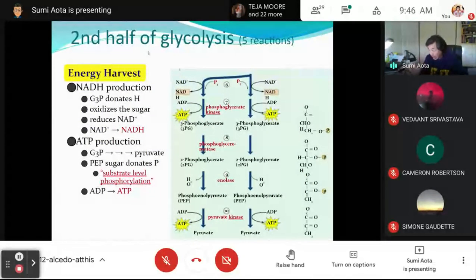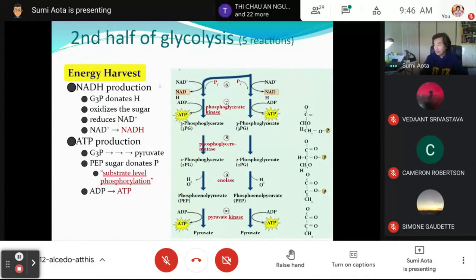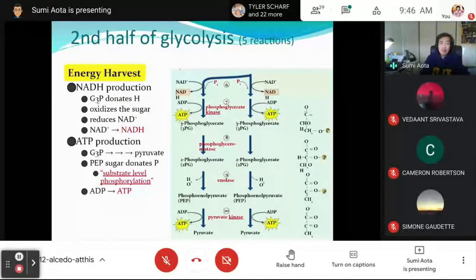Okay, the second half of glycolysis is the energy harvest phase. We're going to get NADHs produced. G3P donates hydrogens to NAD+, making NADH. That's going to oxidize the sugar and reduce the NAD+. We're also producing ATP.